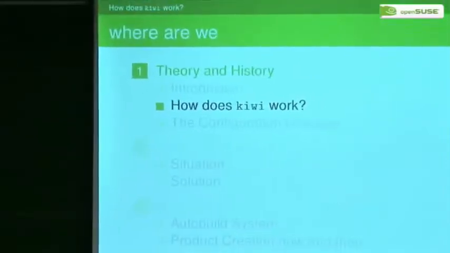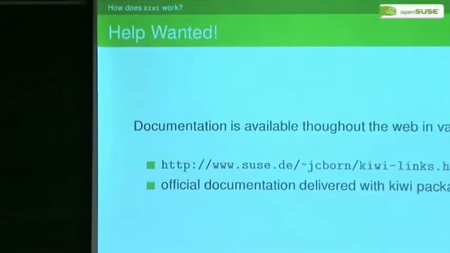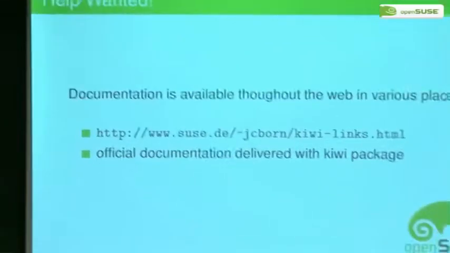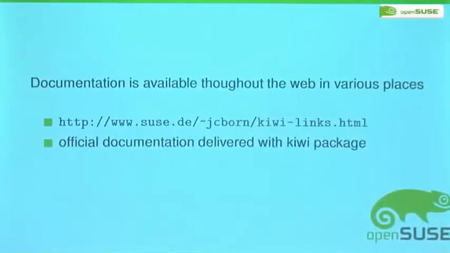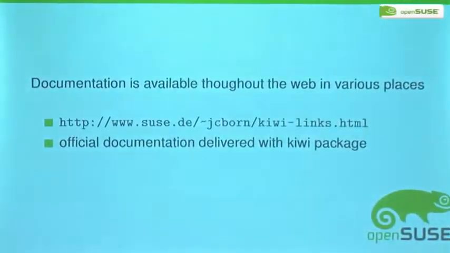Now we're going to how does Kiwi work. If you want to use it for the first time, you have to do several things. Because there's no really brief overview, I collected some useful links. We often had trouble that people installed Kiwi and started to edit the wrong config XML files, namely the ones in /usr/share/packages/kiwi and /usr/share/kiwi/images.